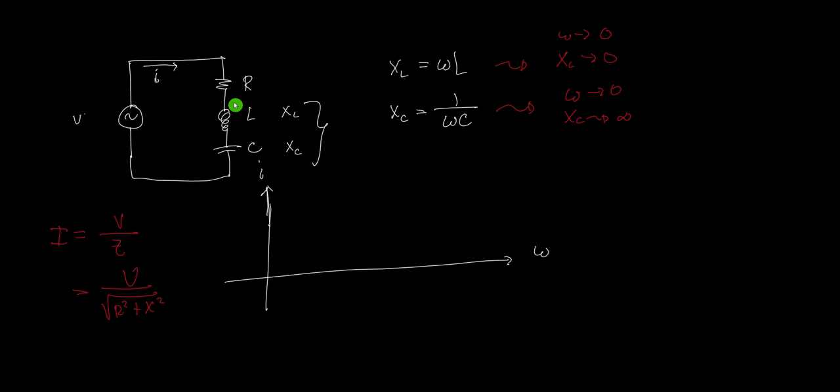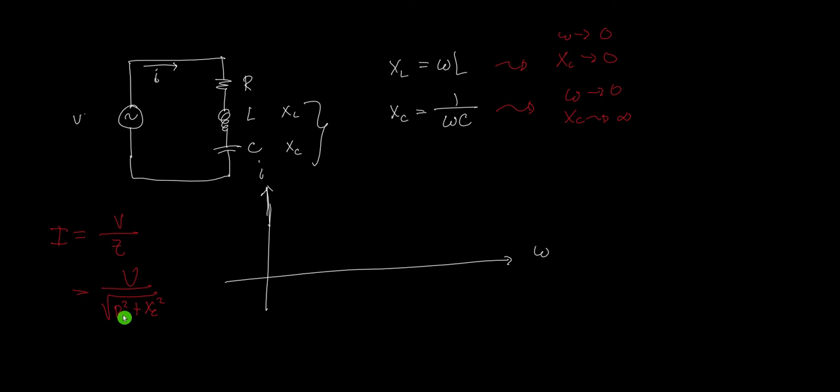This X is the difference of XL and XC. So if you take this as XC, if you make that larger, what happens to the current?